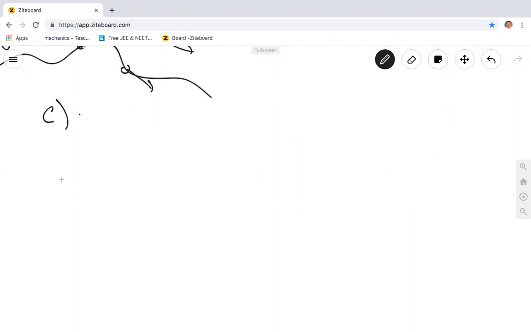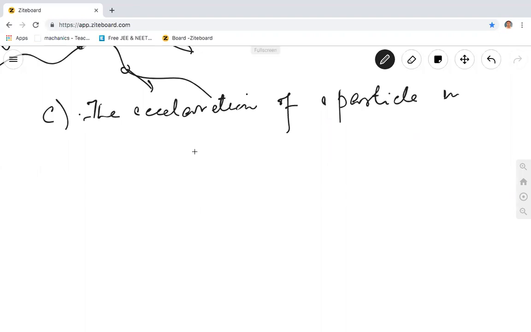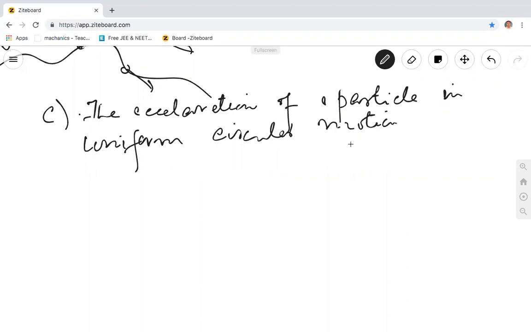C. The acceleration vector of a particle in uniform circular motion, averaged over one cycle, is a null vector.